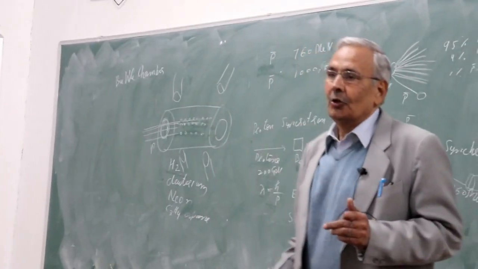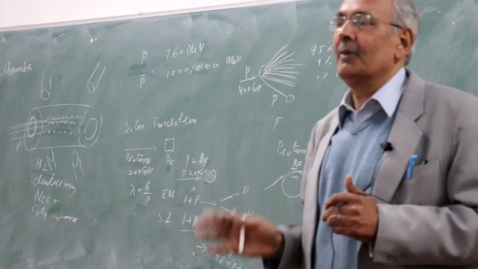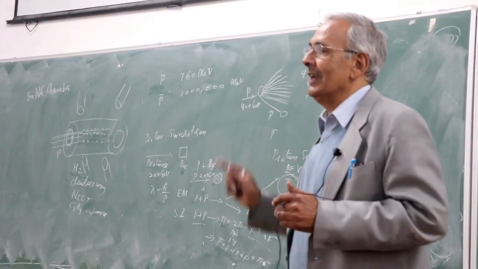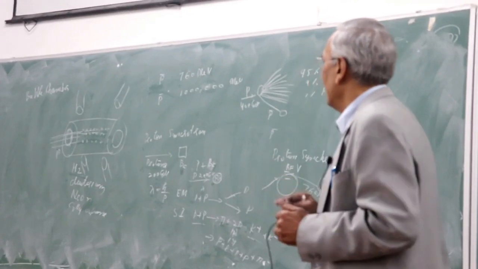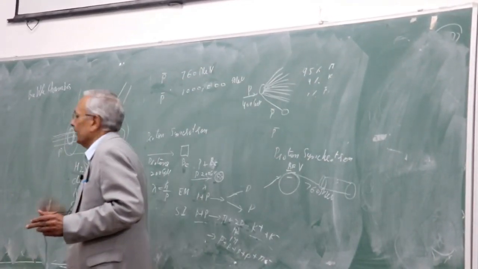Bubble track formation in a bubble chamber follows this principle. It is not a continuous line, but just bubbles wherever the atom has been ionized, and that gives the trajectory of the particle.